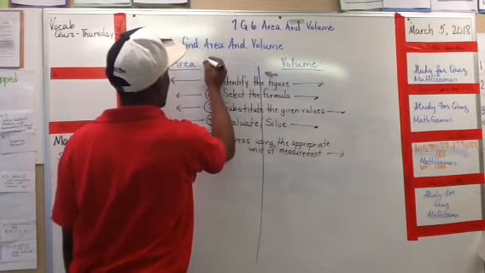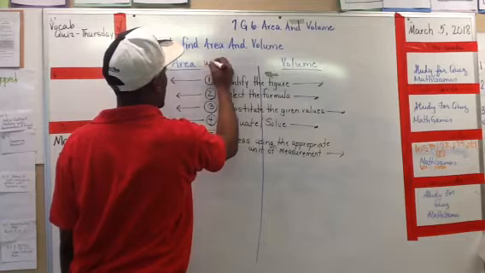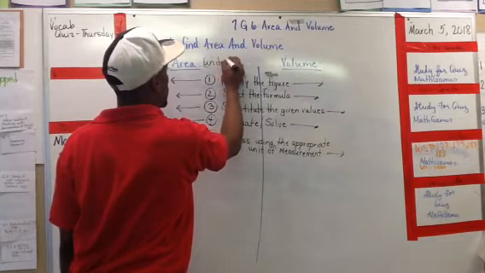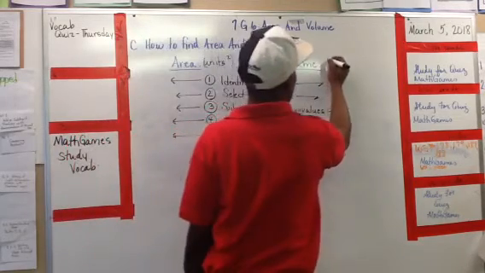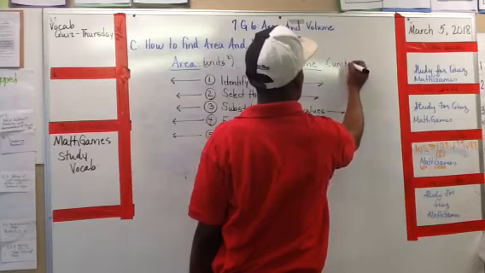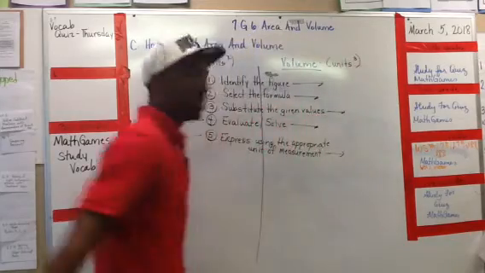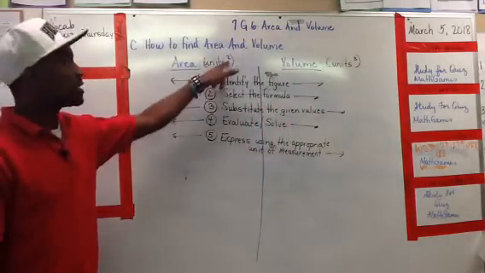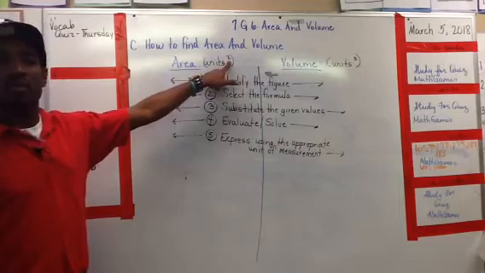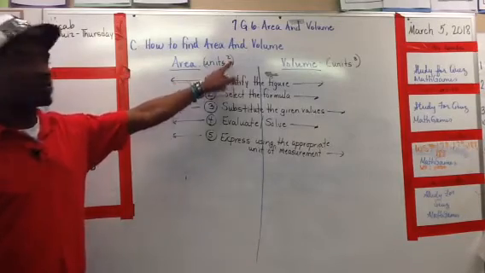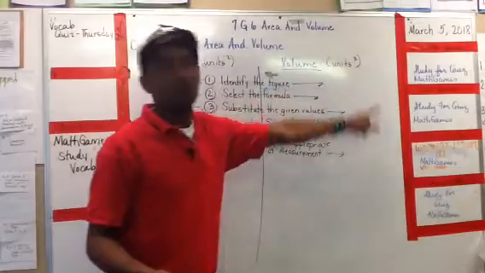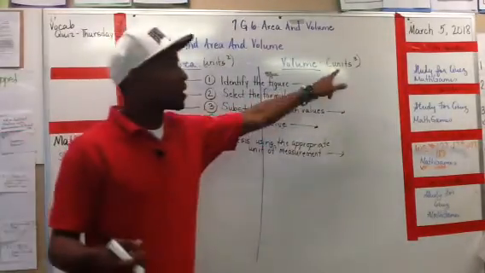Remember, area is measured in square units. Volume is measured in cubic units. If you're still confused, the square is the exponent. That's the exponent 2, we say square. The 3 is what we call cube, or cubic.